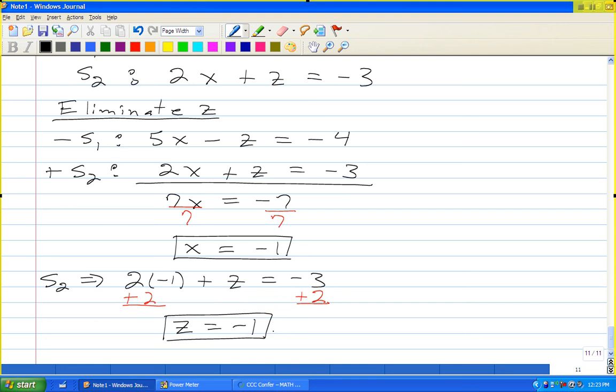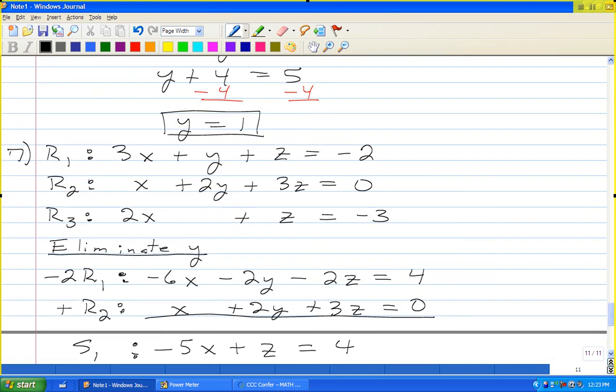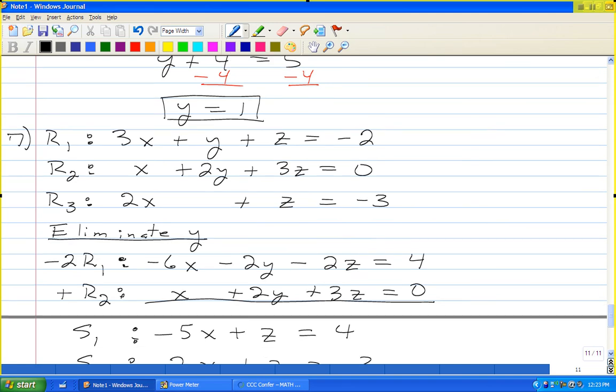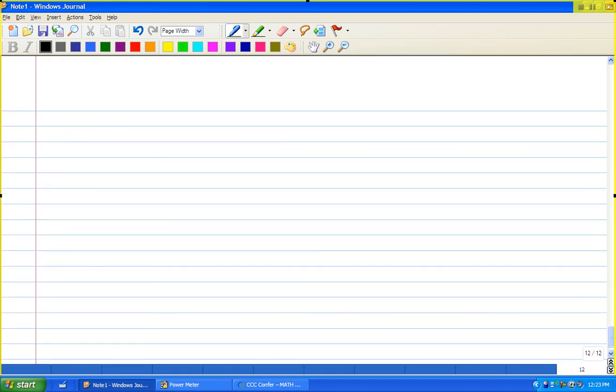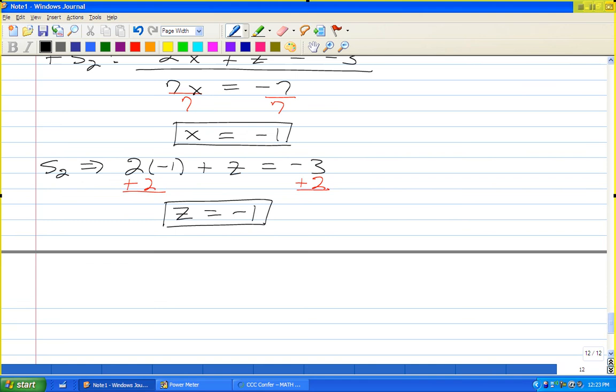Okay. And let's figure out y. I guess I'll use the first equation for y. So 3x plus y plus z is negative 2.